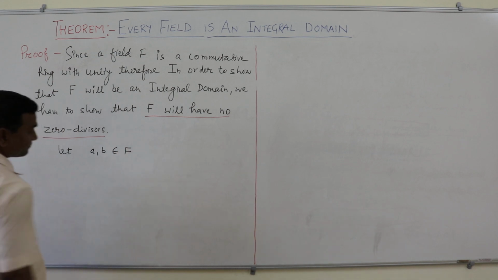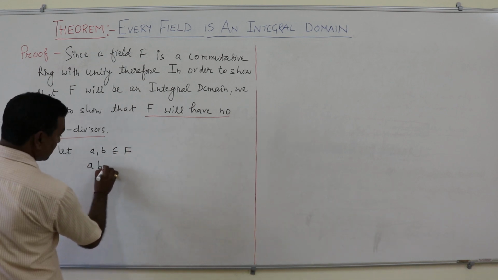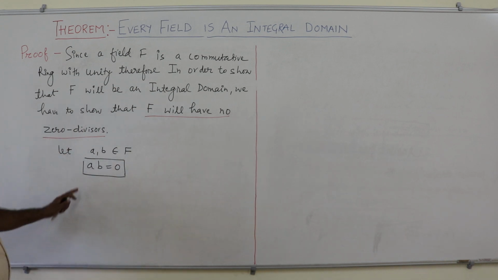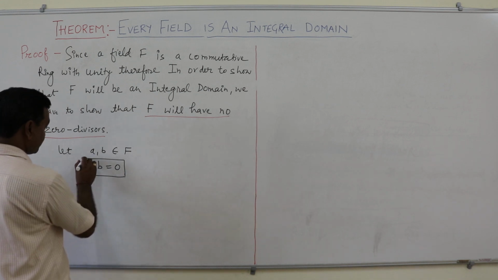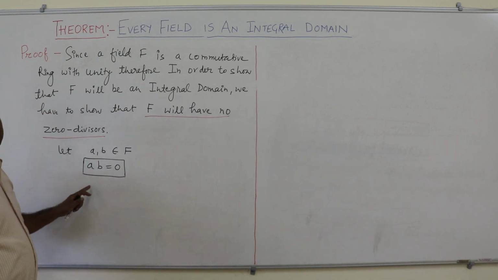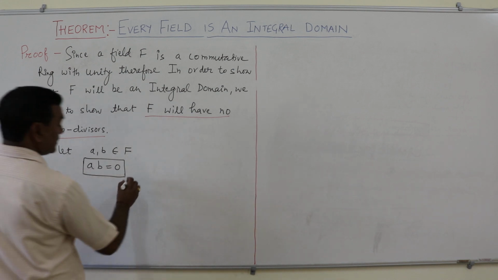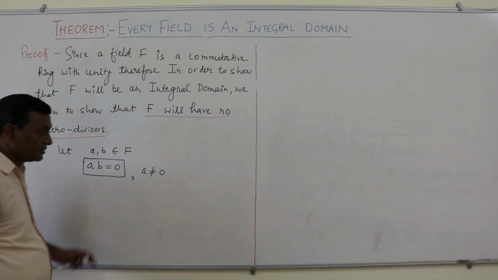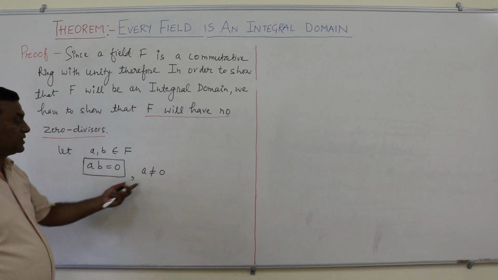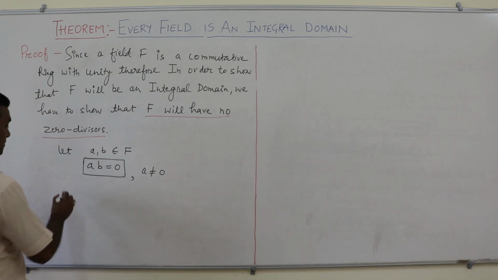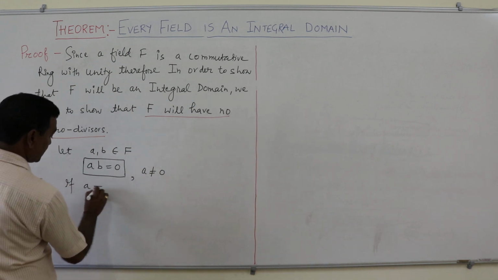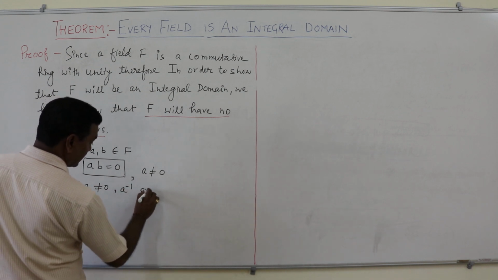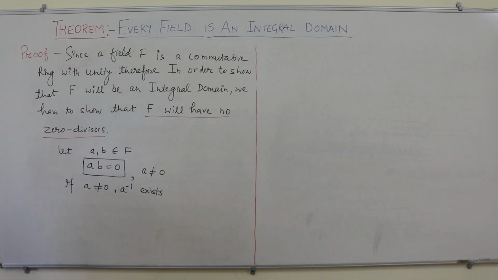belong to F and AB equals 0. These are two non-zero elements and the product of this is 0. Now first we are saying that AB equals 0 and A is not equal to 0. If A is not equal to 0, A inverse exists.